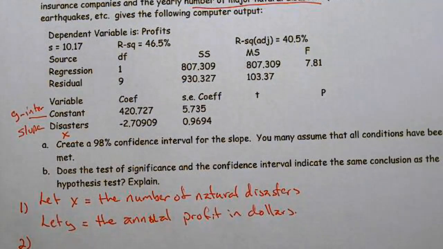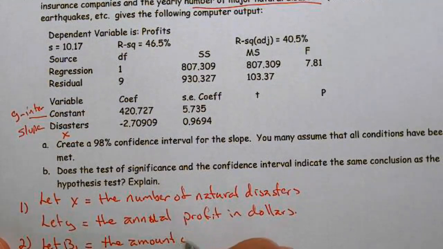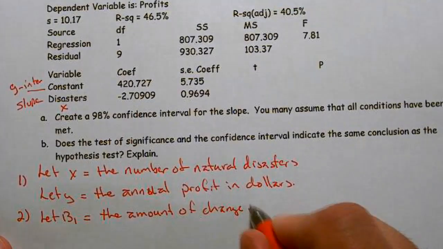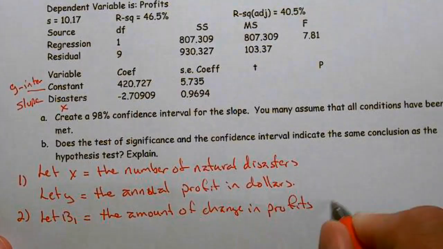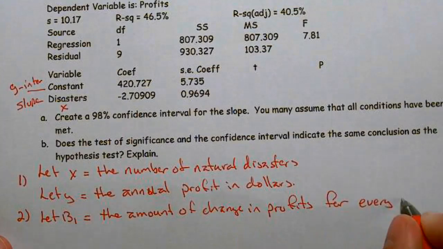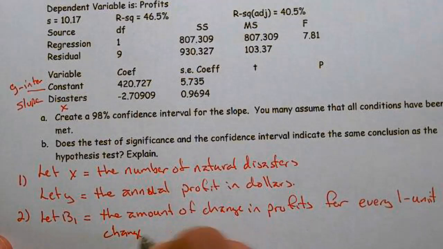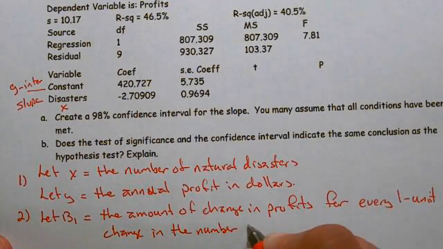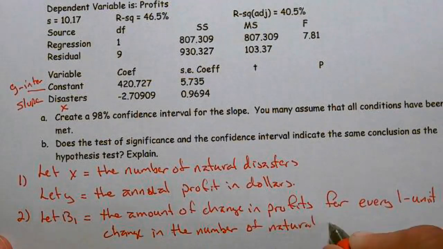And in this particular instance, we can say let beta 1 equal the amount of change in profits for every 1 unit change in the number of natural disasters.